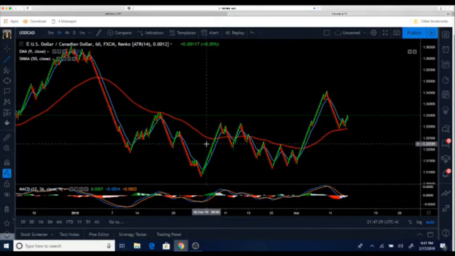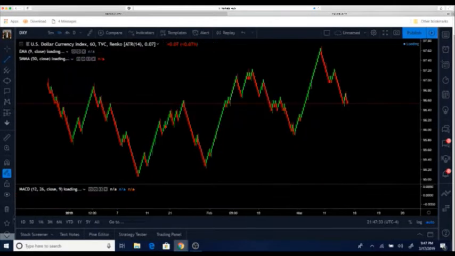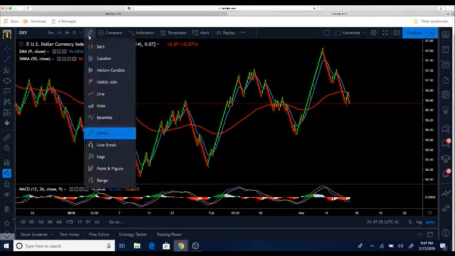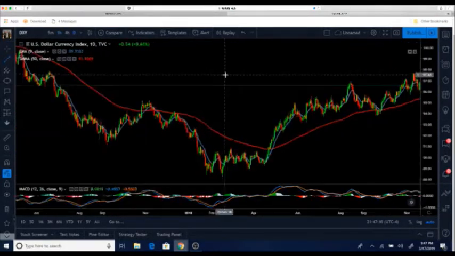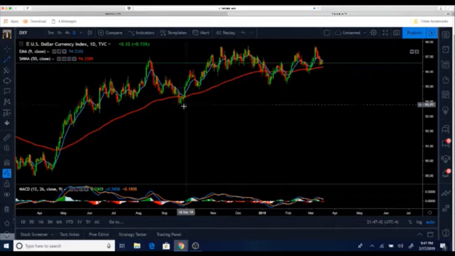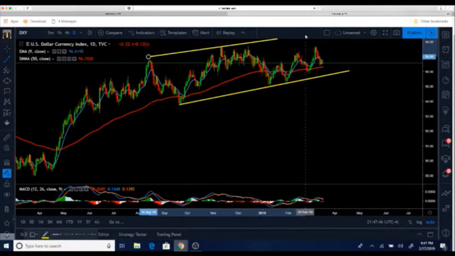So now we can get to the markets. We can analyze and see what's going on. Let me switch over to candlesticks here. DXY. We've been in this for a while. As you guys can see, we're going to be here for a while.